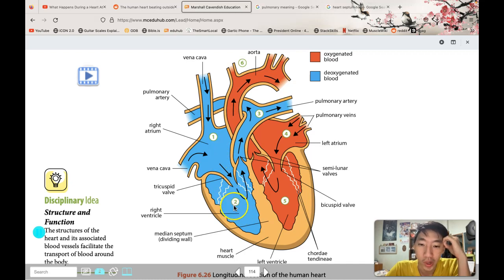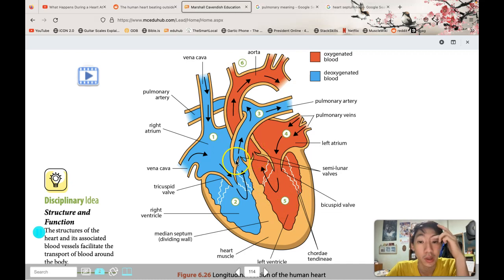The right ventricle then contracts and pushes the blood up to this pulmonary artery, then to the lungs, and then the blood is oxygenated, comes back through the pulmonary veins into the left atrium, then through this bicuspid valve down into the left ventricle, and then up again through this semilunar valve.